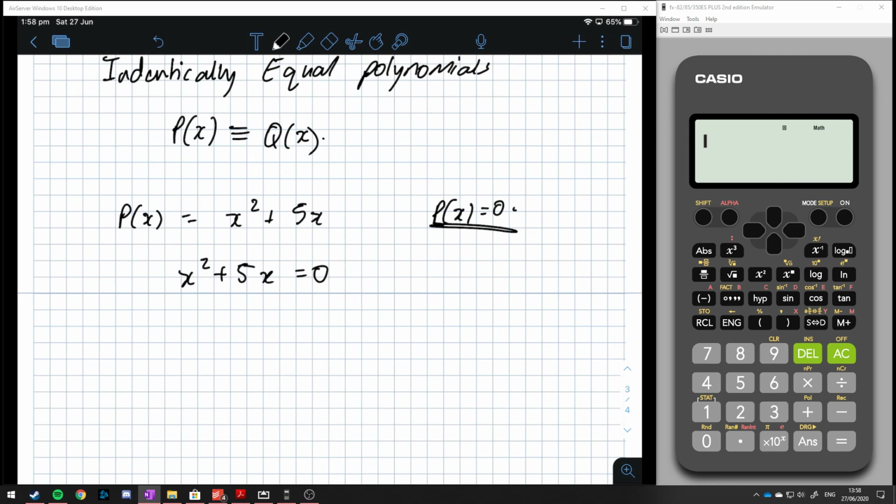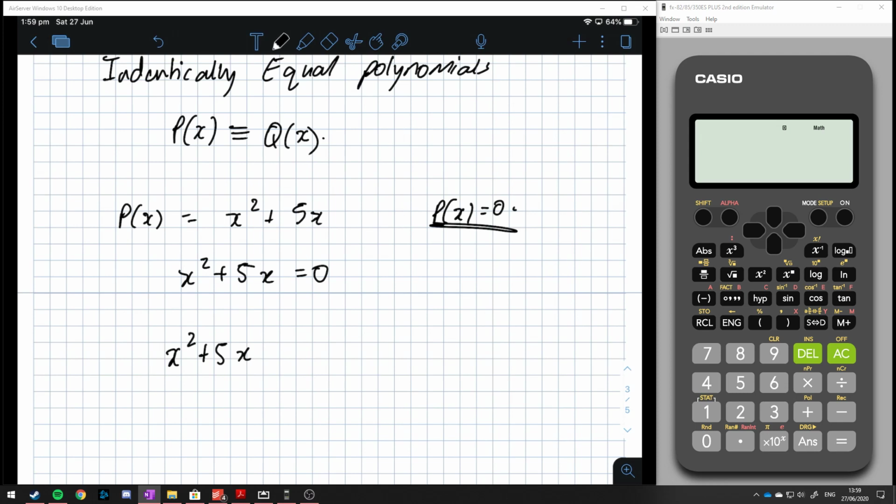Those are called the roots of a polynomial, whereas the zeros of a polynomial function are the values of x where the value of the polynomial is 0. It's a little bit wordy, and it kind of means the same thing. If we make the equation and we're looking for the solutions, they're called the roots, whereas if we just look at the polynomial x squared plus 5x and ask when it is equal to 0, we can say it's at 0 and at negative 5.